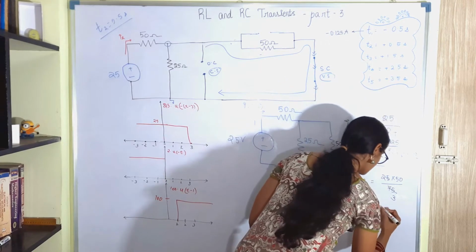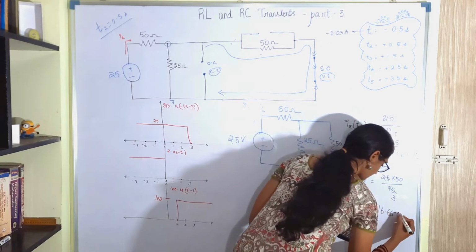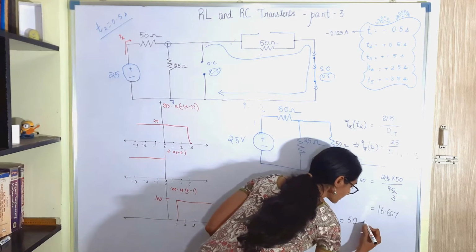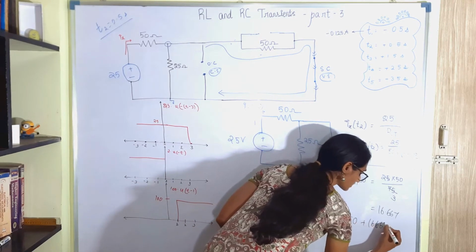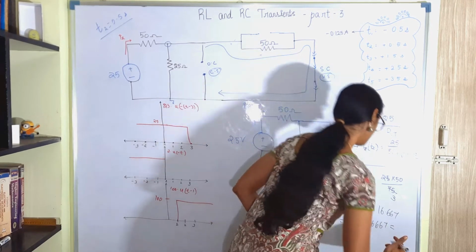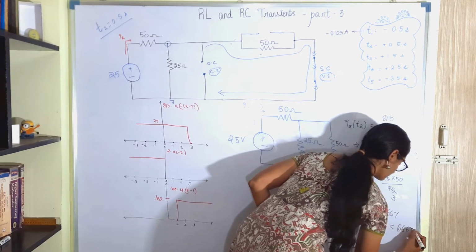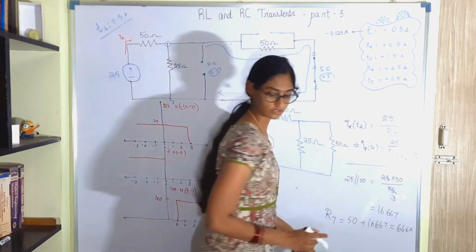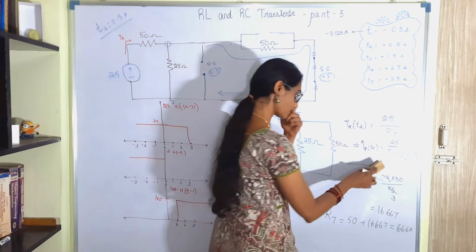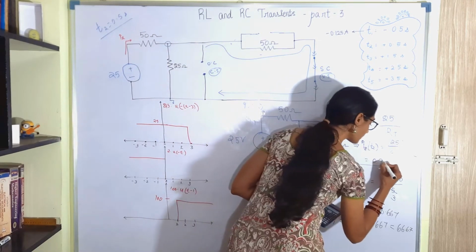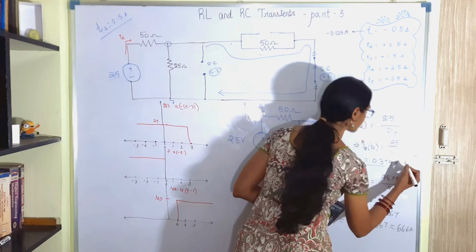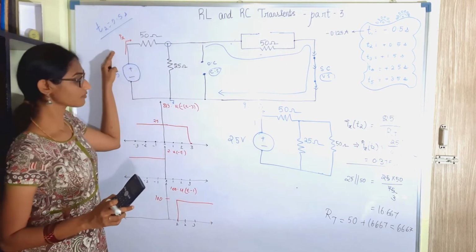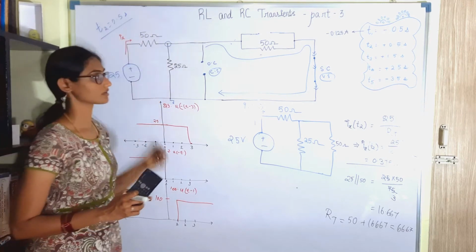This is 16.667. So the effective resistance will be 50 plus 16.667, which will be 66.67 ohm. So I am going to directly substitute in the place of this. 0.375 ampere. So at time t2 equal to plus 0.5, a current of 0.375 will be flowing here.